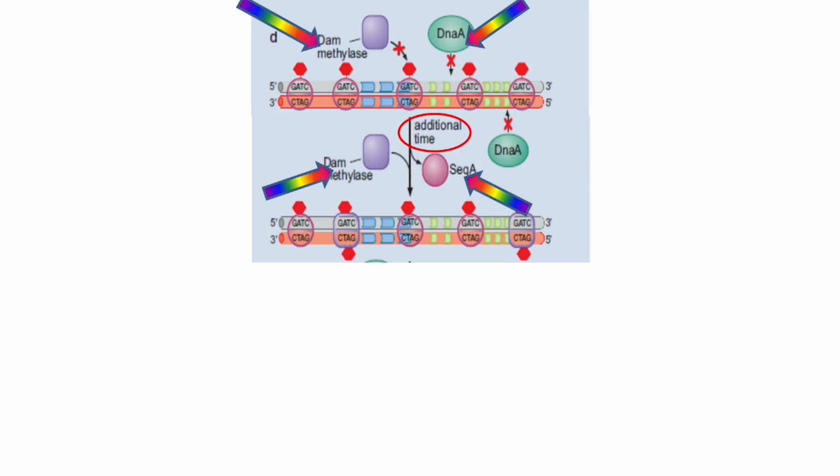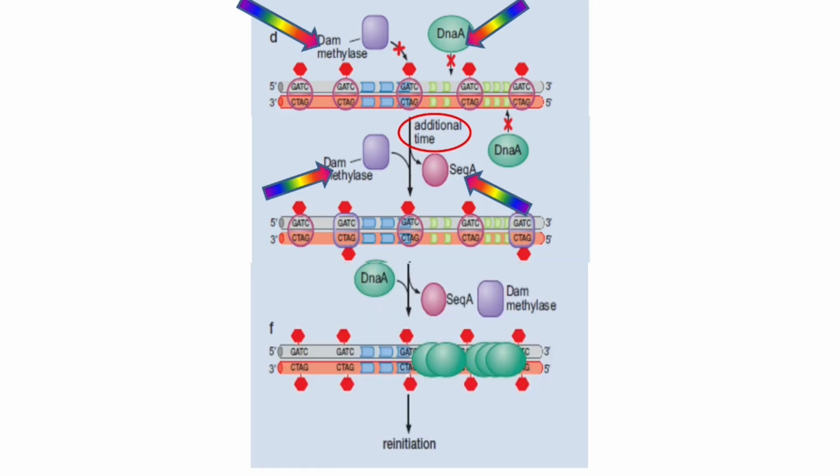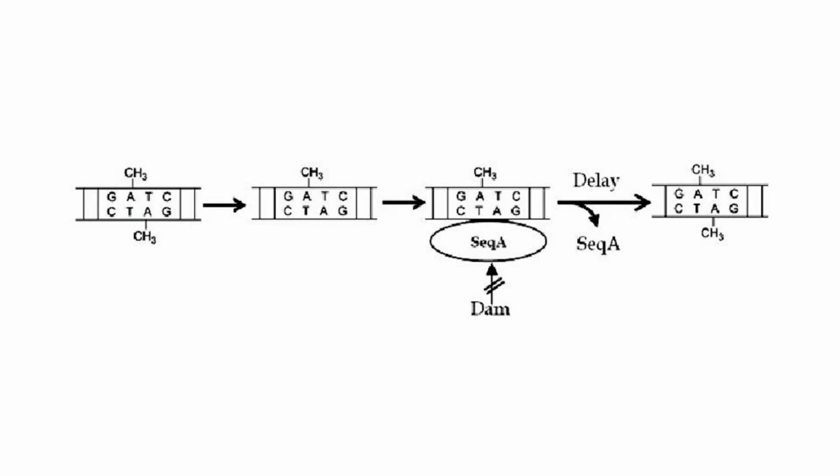As a result, both strands become fully methylated, to which DnaA proteins can now bind and a new round of initiation can be started. But have you realized that there is automatically an interval of 13 minutes in between two initiation events?